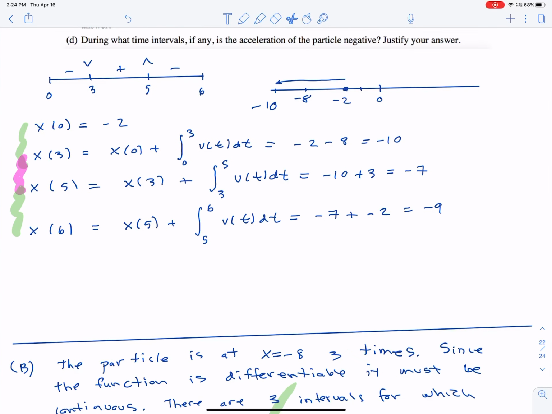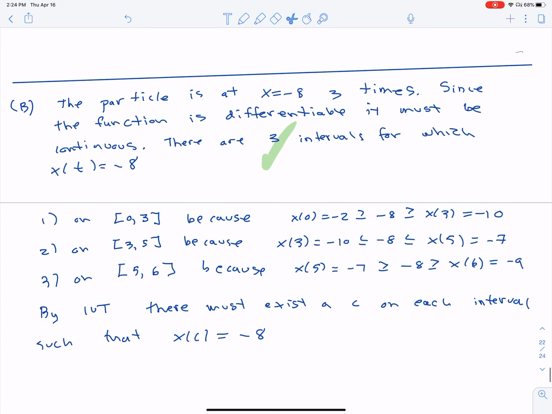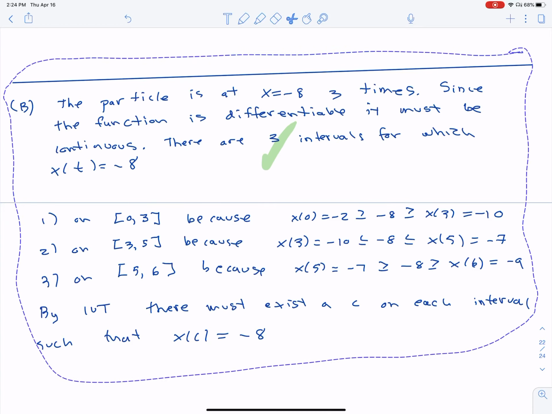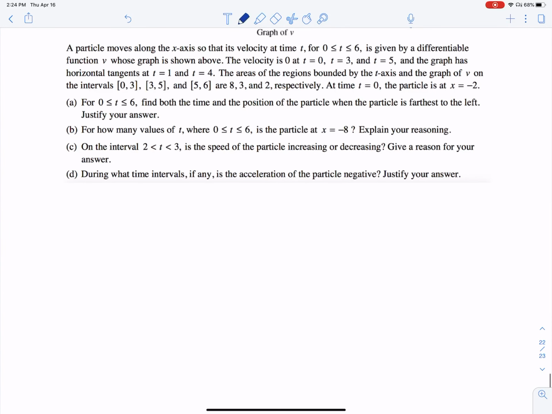So I don't know if we've ever talked about speed. I usually save it for the review, so we may have talked about it before, but I'm not positive. So before we begin this, let's just talk about speed a little bit. In order for an object's speed to be increasing, the sign of the velocity function and the acceleration function have to be the same.